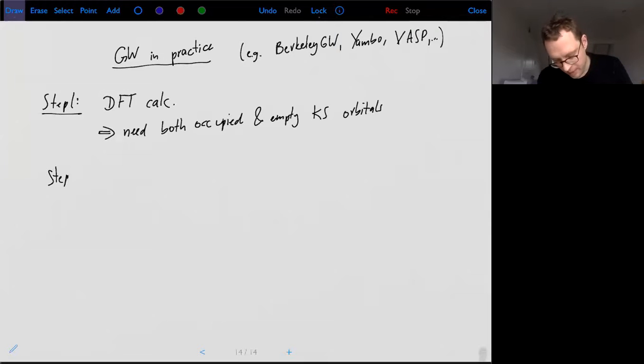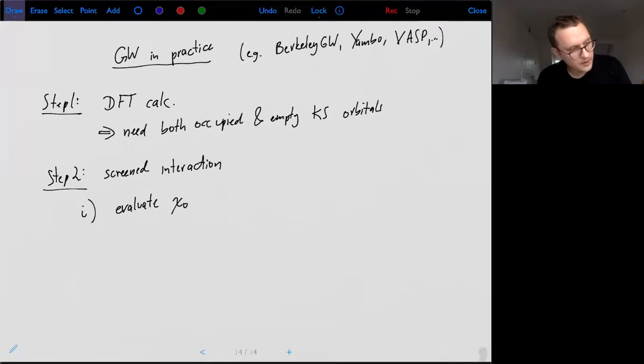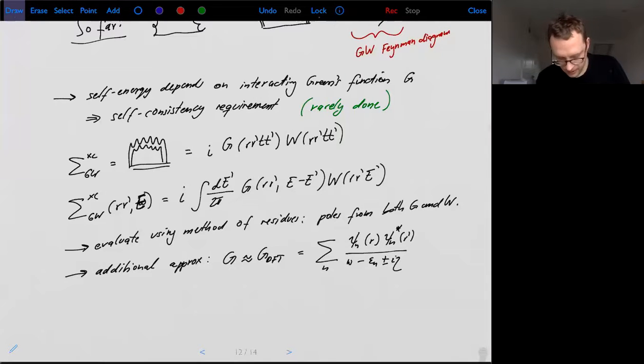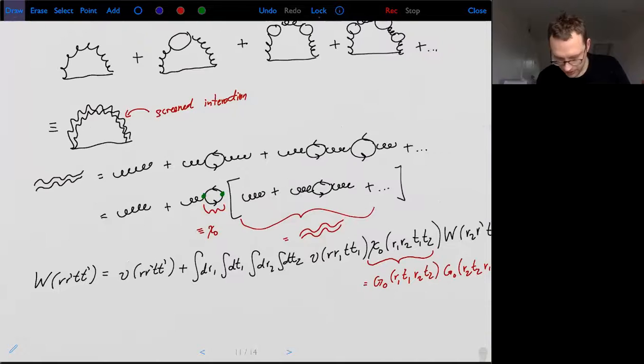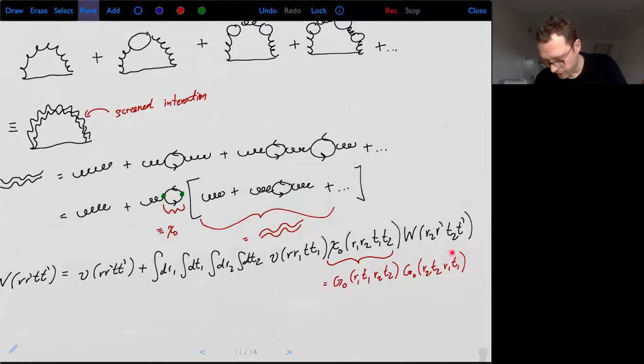Then the second step is you construct the screened interaction. For this, you need to first evaluate this chi0. Basically, you need to evaluate this object here, right? Which we said is a product of two Green's functions.